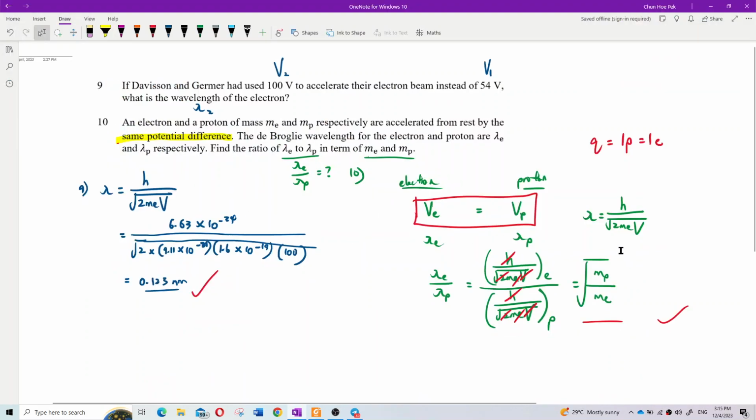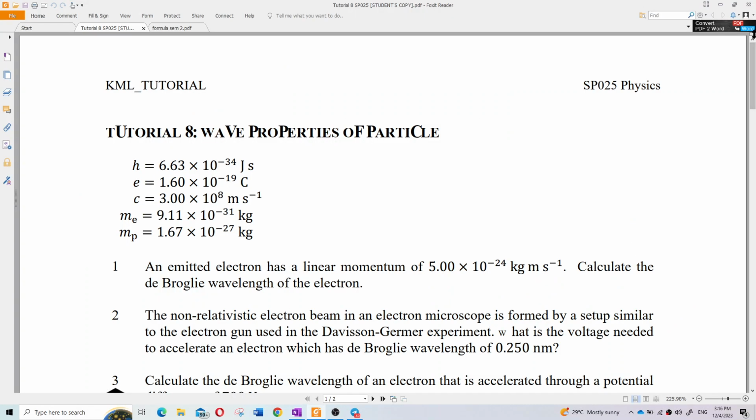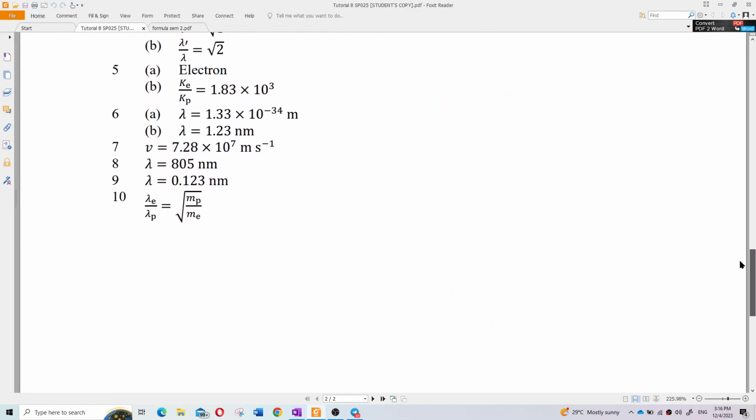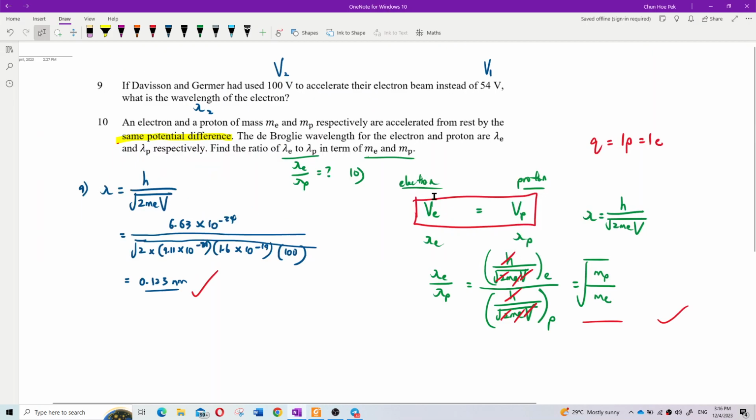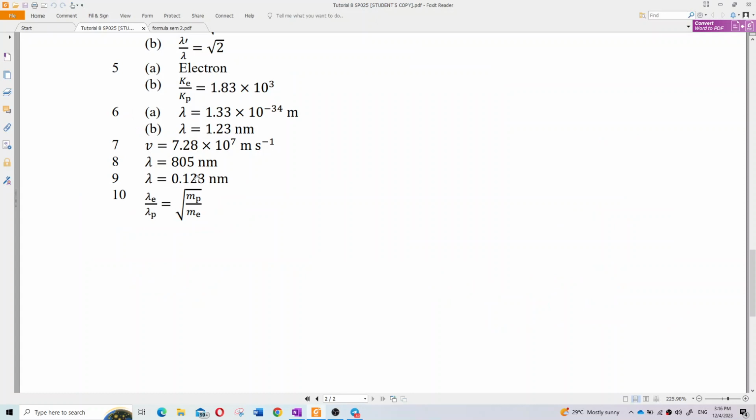But since the question asks you to find it in terms of mass of electron and proton, no need to change the value. So that's all. The answer is correct. If I compare with the answer scheme, root of mass of proton over mass of electron is correct. Lambda E over lambda P, that's correct. Okay, that's all. Bye.